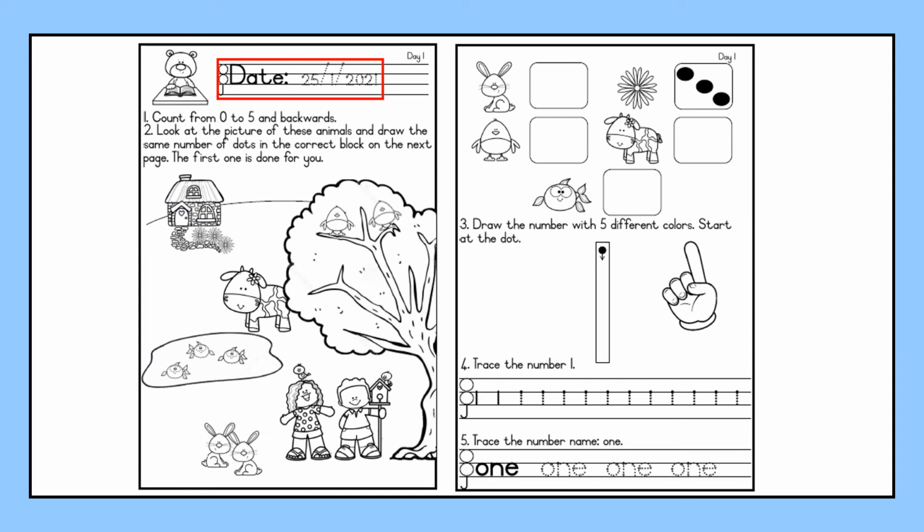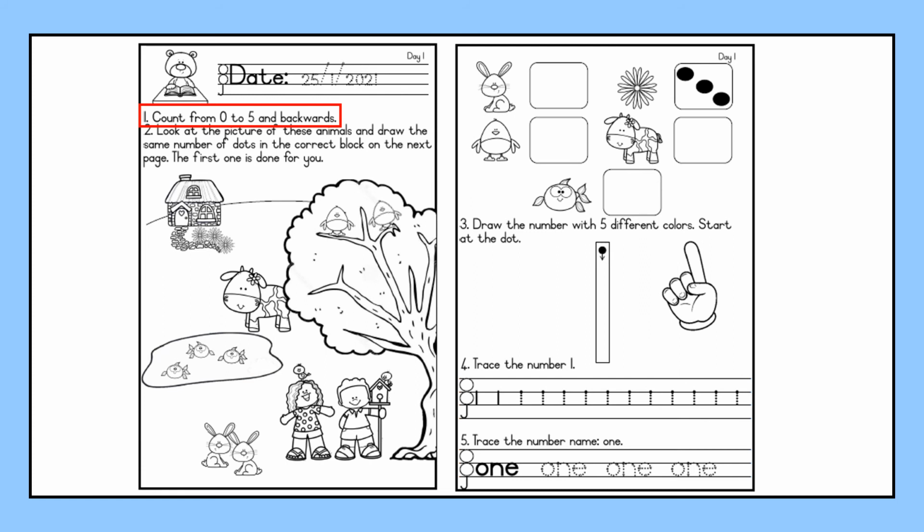Can you see that there's no name of a month? That's because we are writing the mathematic date. 25/1/2020. That means it's the 25th day of the first month, which is January, in the year 2021.